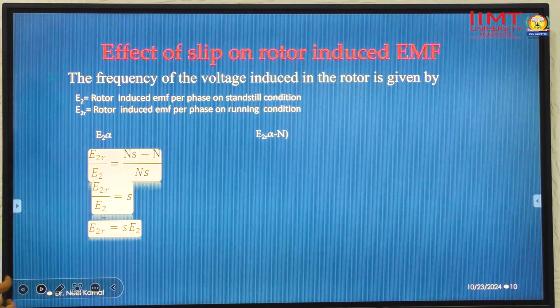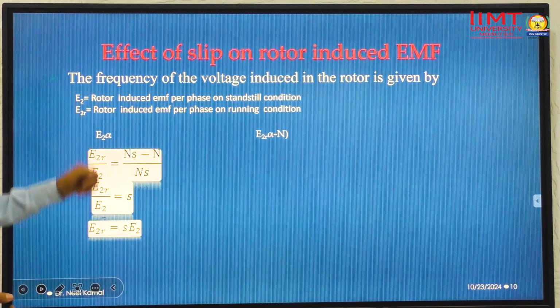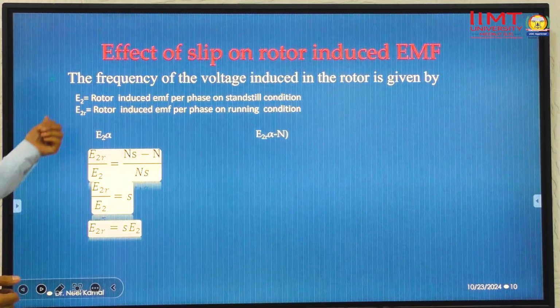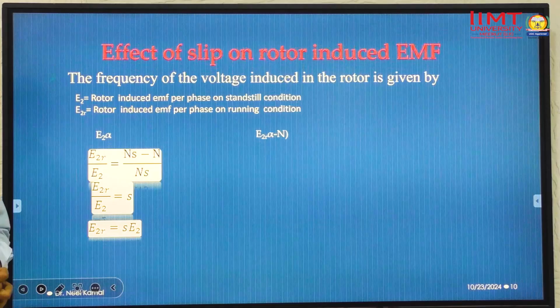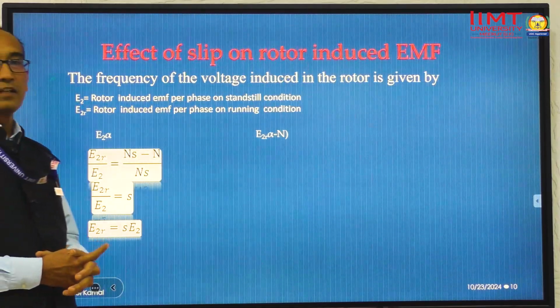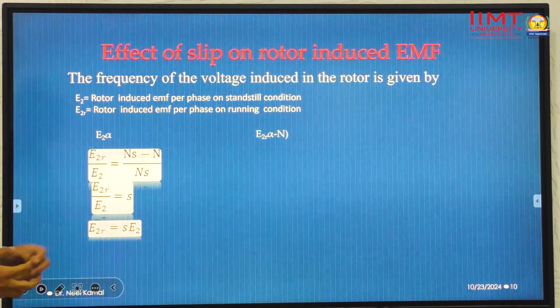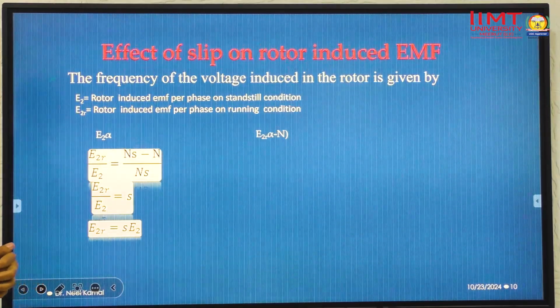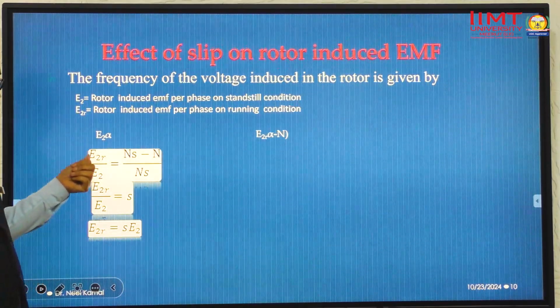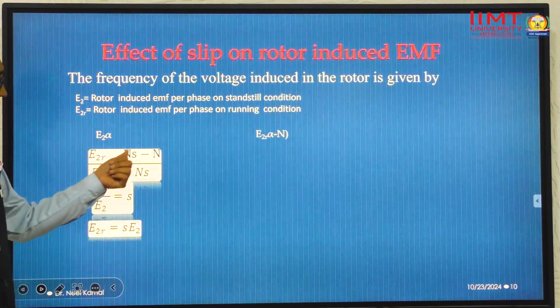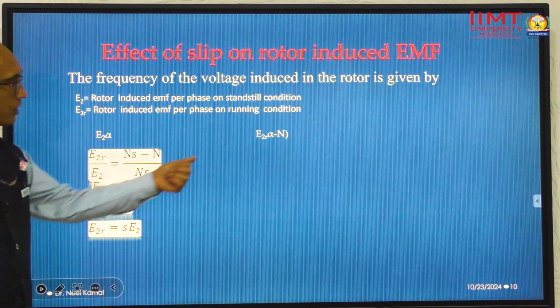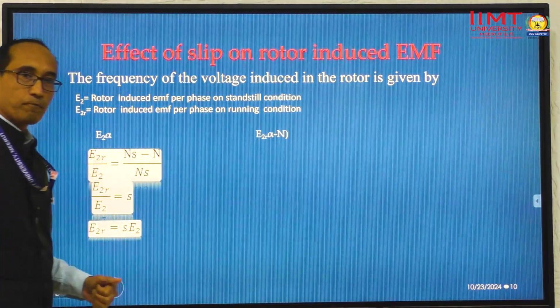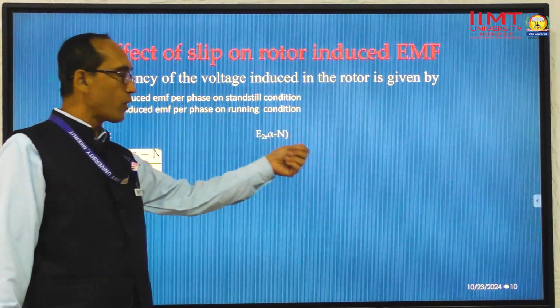In these parameters, 1 stands for the stator part and 2 stands for the rotor part. So E2 means rotor induced EMF per phase for standstill condition, and when the rotor is running we call it E2R. This ratio E2R upon E2 is Ns minus N upon Ns. Why is it so? Because E2R is proportional to N and E2 is proportional to Ns.